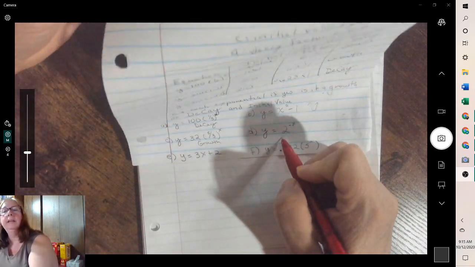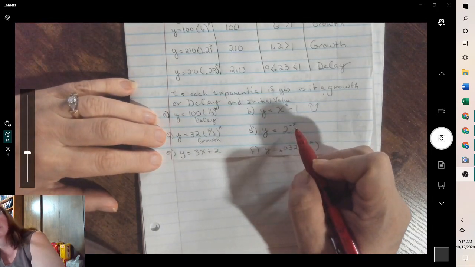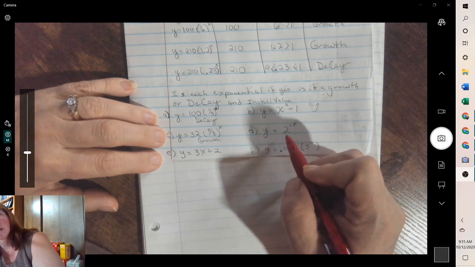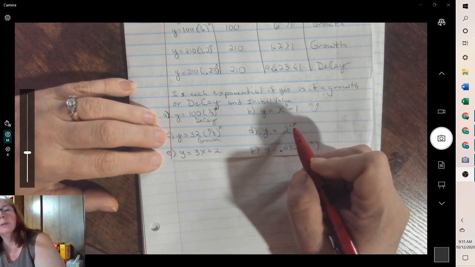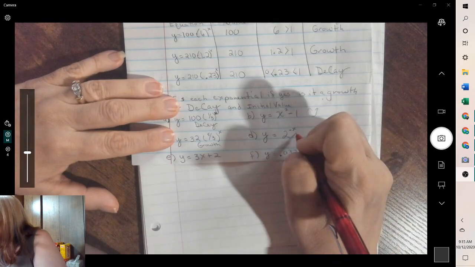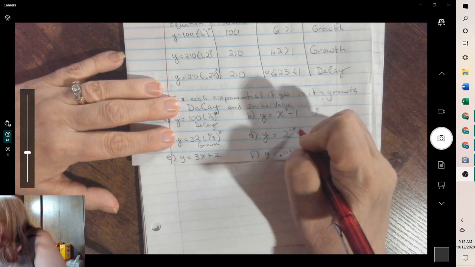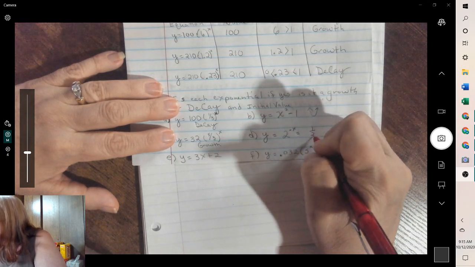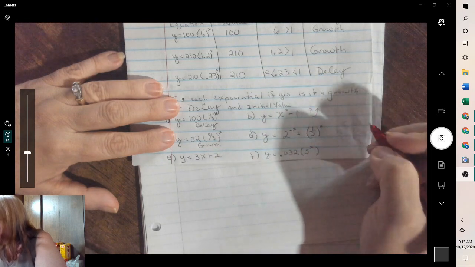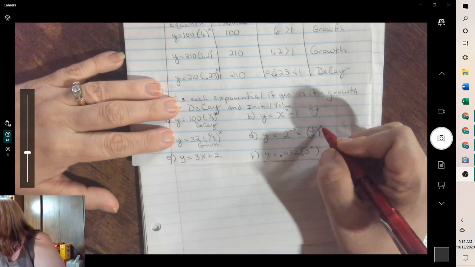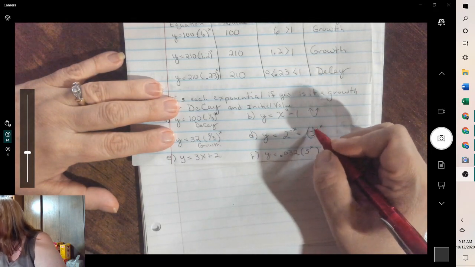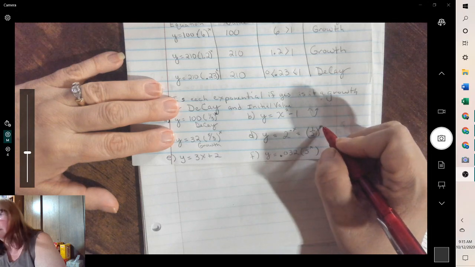Okay, this one, the x is also in the exponent, so it's exponential. It looks like a growth, but notice that's a negative. We could rewrite the negative part of it and move it as 1/2 to the x. So if this is negative, move your number around to make it positive.